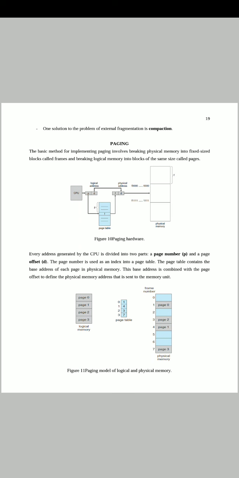This page table has the index values as 0, 1, 2, 3 because I have 4 pages in logical memory, and this page table has the entries 1, 4, 3, 7 as the frame numbers. When the logical address has the page number along with the displacement, in this page table when I say that index value is 1, it has the corresponding frame number as 4.